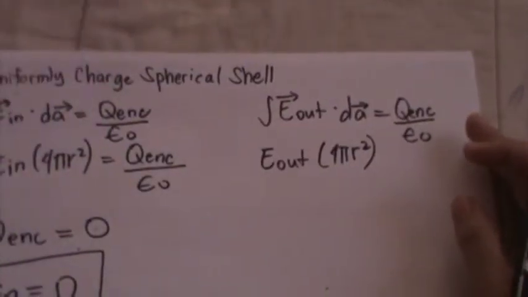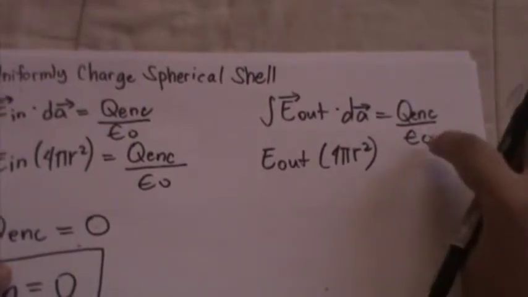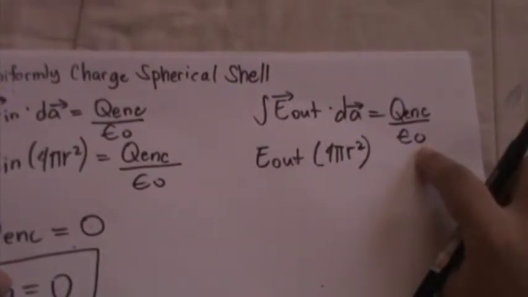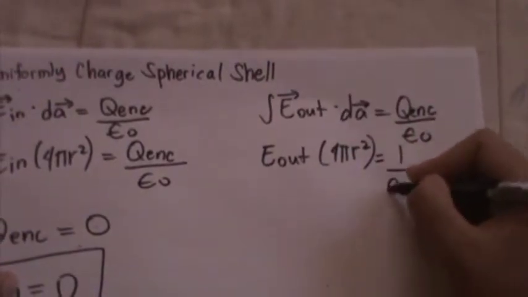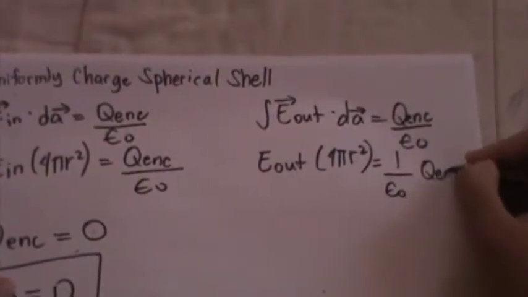So let's separate epsilon naught from Q. It is equal to 1 over epsilon naught times Q enclosed.